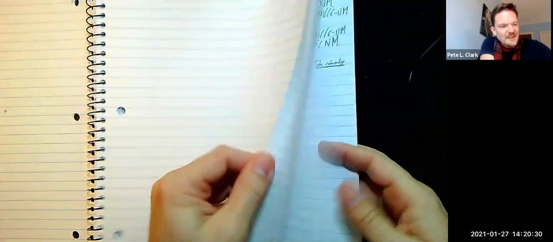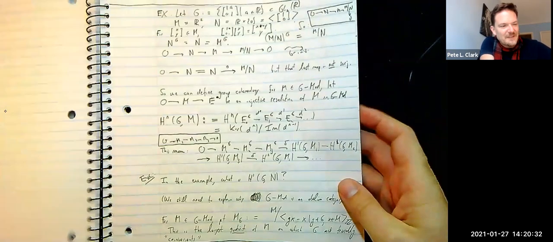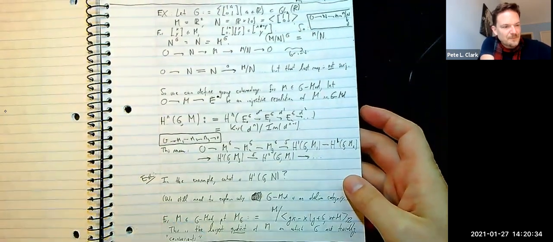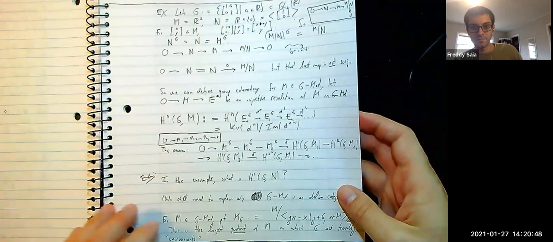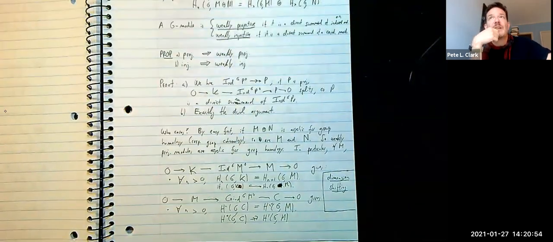So if we're doing homological delta functors, yeah, now I'm kind of turned around. If it's left exact, yeah, I'm sorry. Okay. Right. So I said it right.